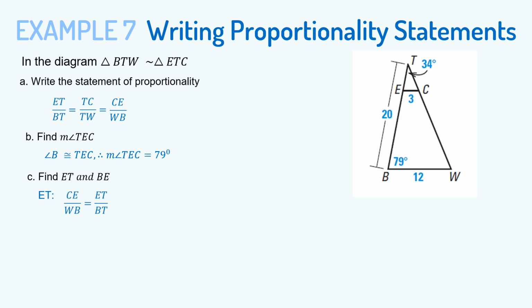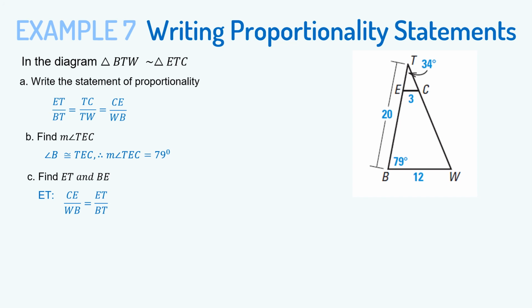And in C, we're going to find the length of the segments ET and BE. To find ET, we're going to write the following proportion. So we need two ratios. Since I'm going to need to write a proportion, I need to get 4 values, one of which must be the unknown. And the unknown, don't forget, is ET.